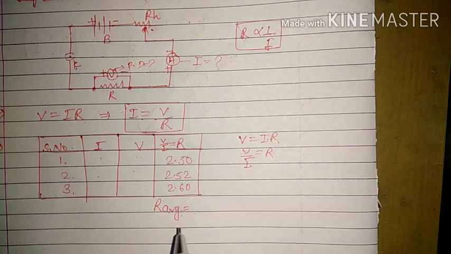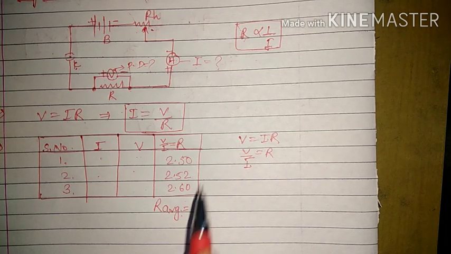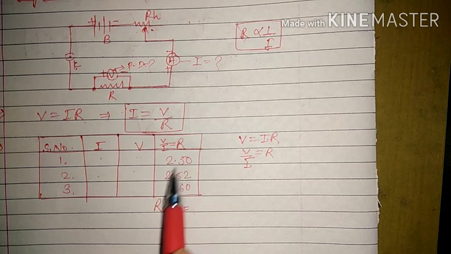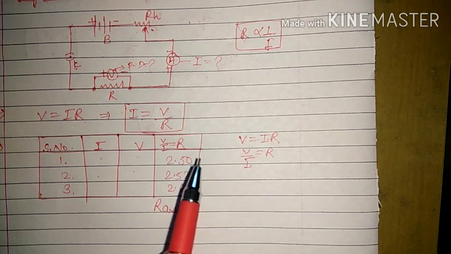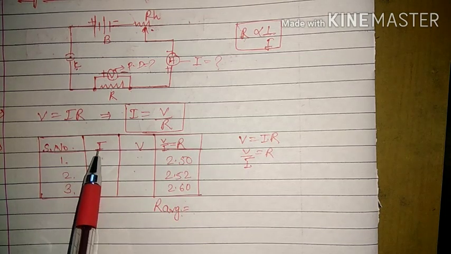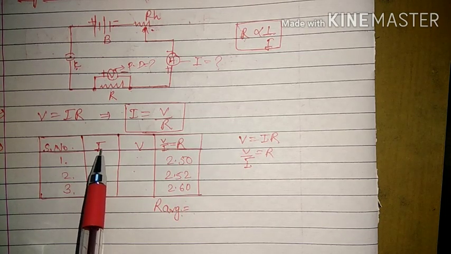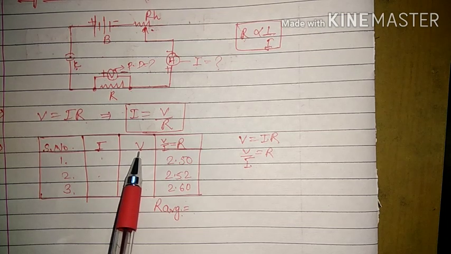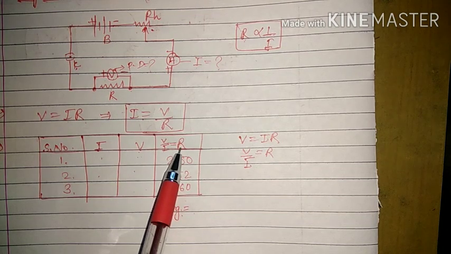That means the thing which we observe is that every time the value of resistance is almost equal. That means this experiment verifies that as we change the value of current I, the value of voltage will change by the same amount, such that the value of resistance always remains constant.